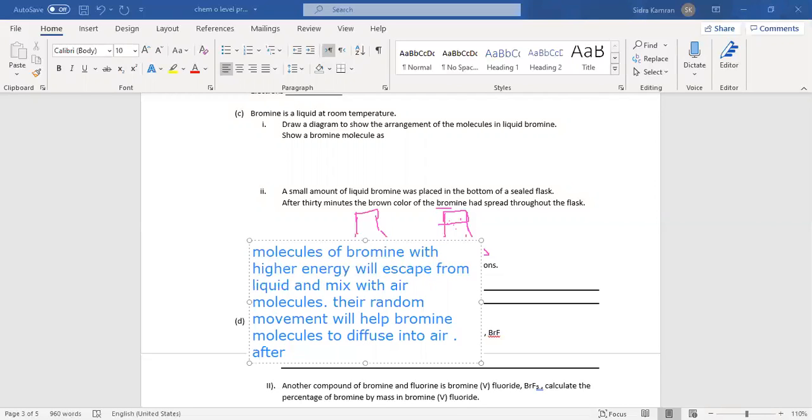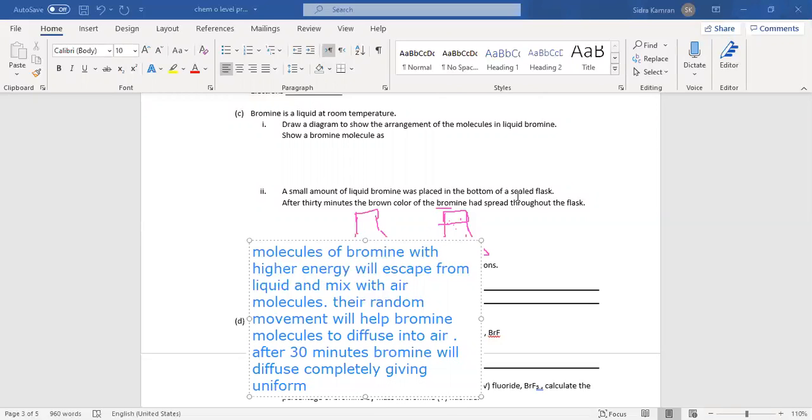After 30 minutes, bromine will diffuse completely, giving uniform brown color in the flask. So this will be the answer for this question. You are going to explain this according to the kinetic molecular theory.